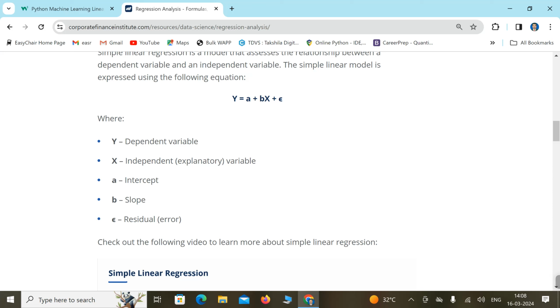In the case of linear regression, it is always 0.